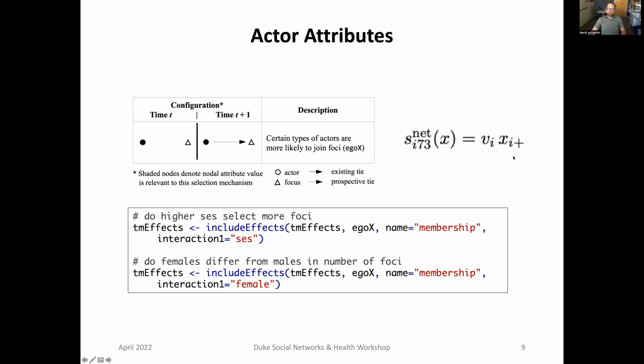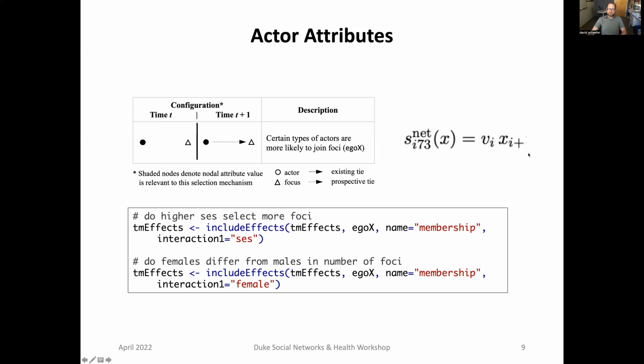With Siena, effects are pre-existing. It's challenging to create one's own, though it is possible. So finding effects that align with your hypothesis is an essential part of the process.